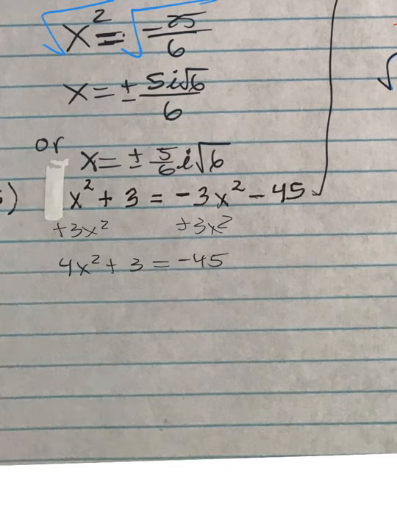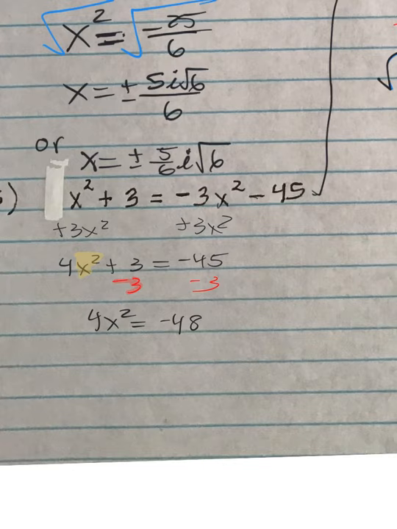And for this particular problem, I don't necessarily want to put it in standard form because my goal is to isolate the quadratic term. So I have to undo adding 3 by subtracting 3. That gives me 4x squared equals negative 48.